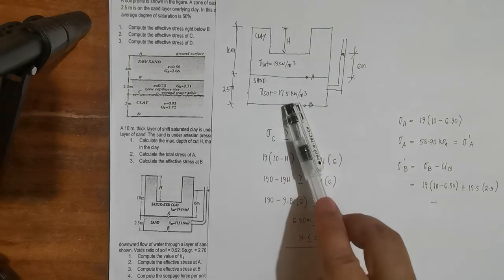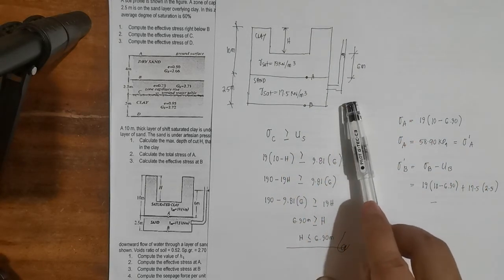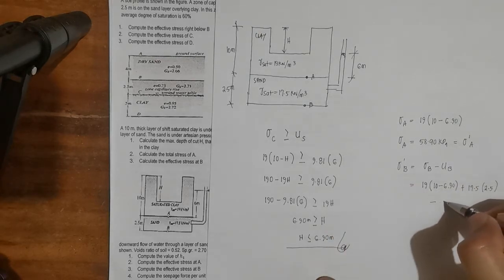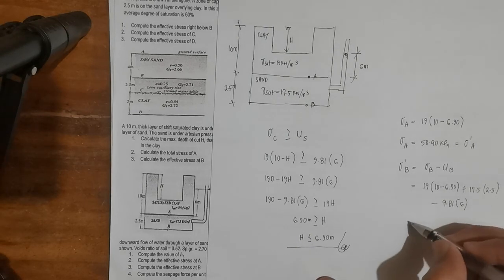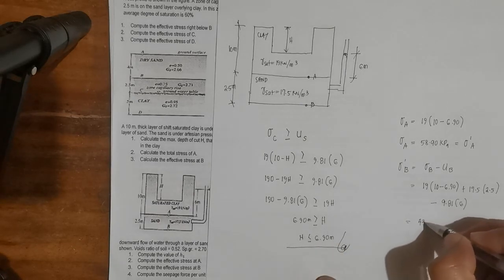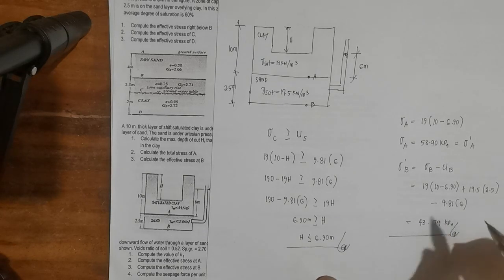From this point to this point, na-consider na po natin yung Artesian pressure, and that will be our water pressure for this point. And that will be 9.81 times 6. So computing for the effective stress at point B, that will be 43.79 kilopascal. And these are the requirements for this given problem.